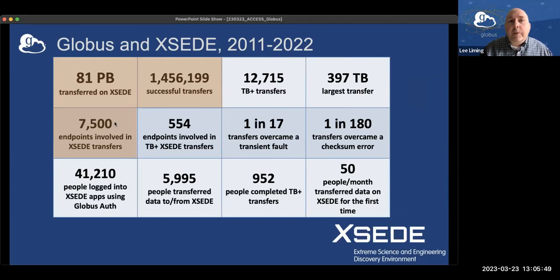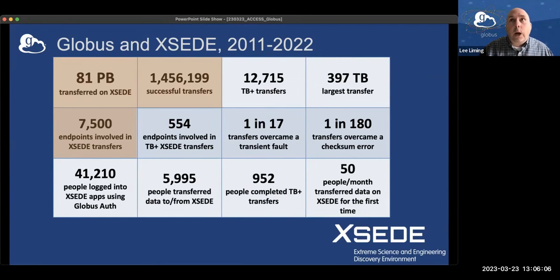And a number that I'm especially proud of is the 7,500 endpoints that were involved in XSEDE transfers. Those are systems that were connected to Globus during that time that researchers who were using XSEDE needed to move data to or from.